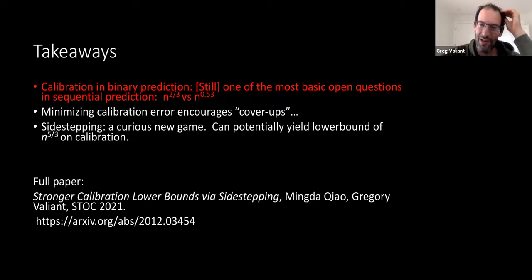From the point of view of upper and lower bounds on this calibration error, I don't think there's any difference in these notions, in that you can always discretize your set of predictions without having much of an effect on this. Once you discretize them, then the two definitions become equivalent, and the nature of the gap between the upper and lower bound doesn't change if you switch to that.